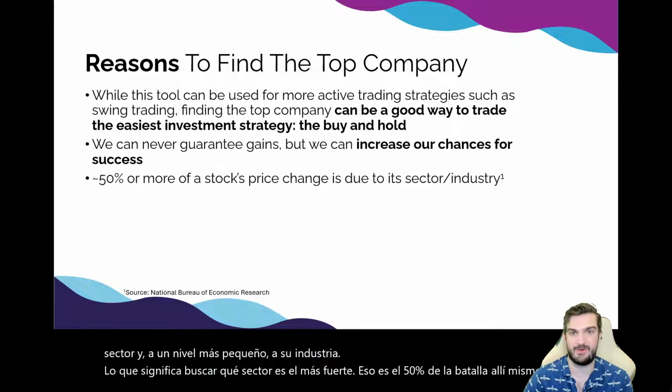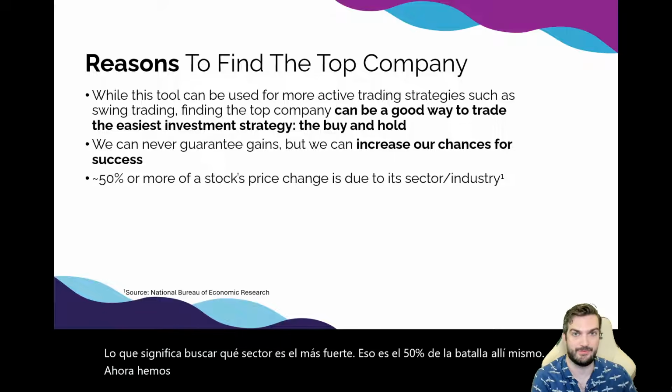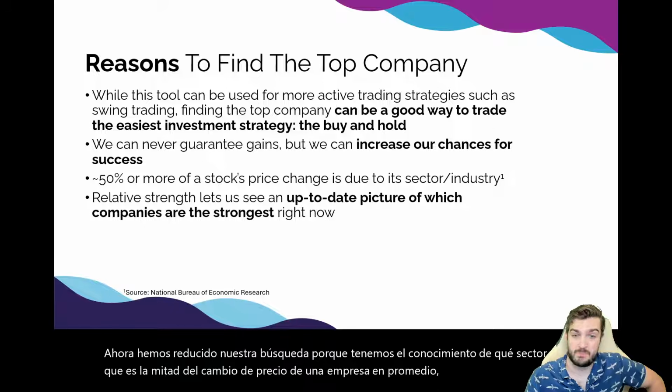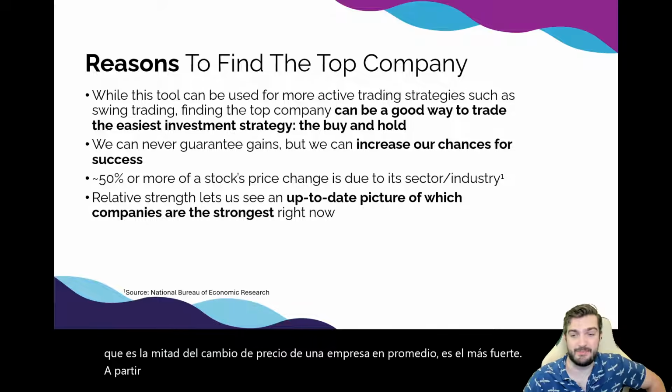We have now narrowed down our search because we have the knowledge of what sector, which is half of the price change of a company on average, is the strongest. From there, relative strength will let us find companies that are currently leaders within that sector.